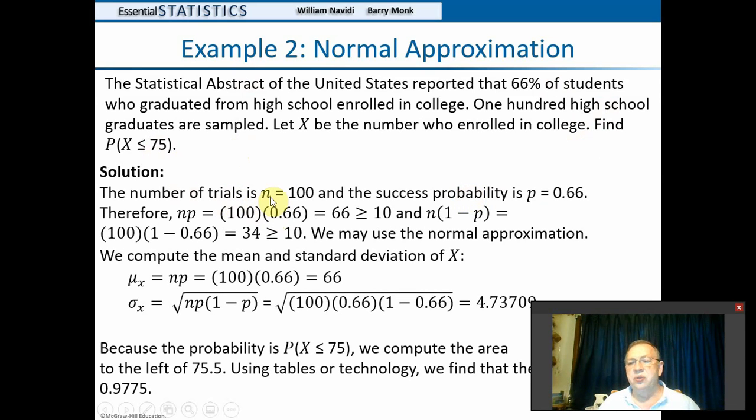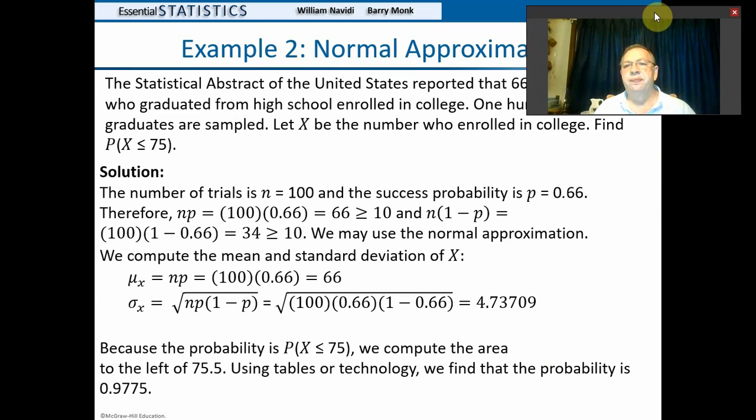So our number of trials is 100. Success, p is equal to 0.66. n times p, 66, that's bigger than or equal to 10. n times 1 minus p, 34, bigger than or equal to 10. So we can do a normal approximation. Here's the mean, the n times p, that's the expected value.